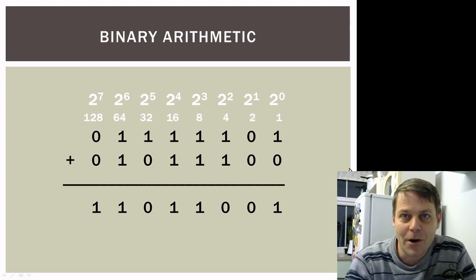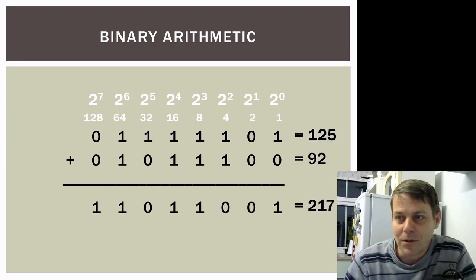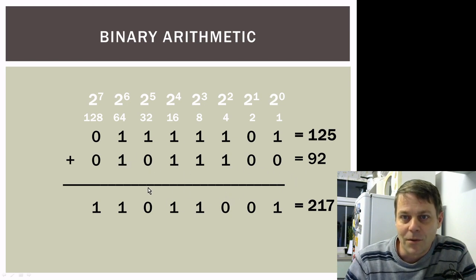So we're adding in binary in exactly the same way as we add in decimal. If we wanted to convert these numbers back to decimal, it's the same sum as before. So we've got, this is 64, 32, 16, 8, 4 and 1. And this is 64, 16, 8, 4. So it's just the same sum as we've done in decimal, done in binary. But if we check the sum, we should find that it's correct.